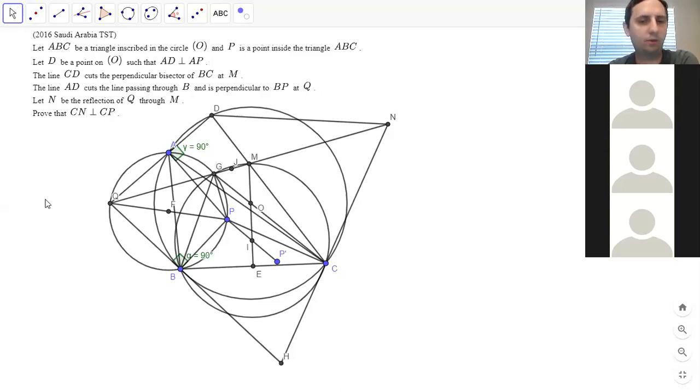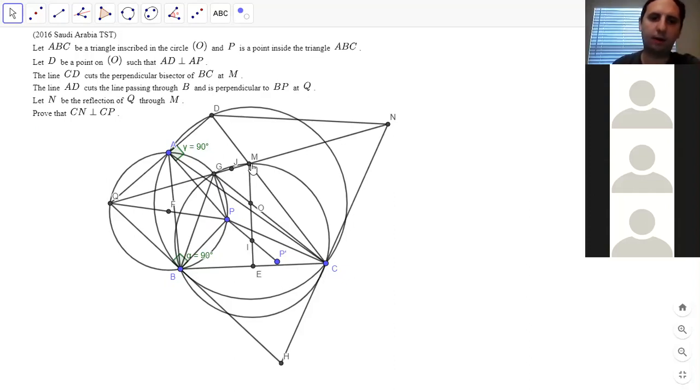I think we can just, so isogonal conjugates have the same pedal circle, right? So if P prime M is perpendicular to QN, then basically we know that B and G lie on the pedal circle of point P, and if we can show that M also lies on that circle, then Stefan proved before that BGMC is cyclic.